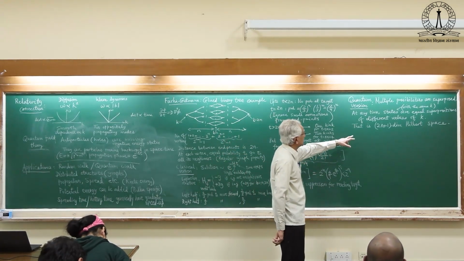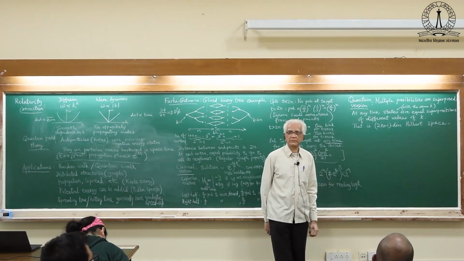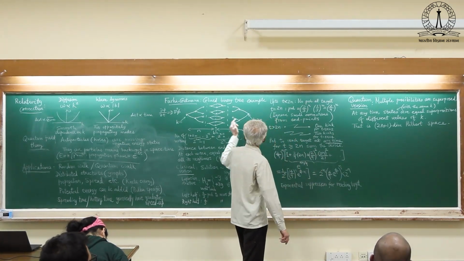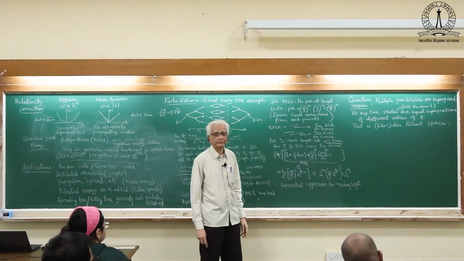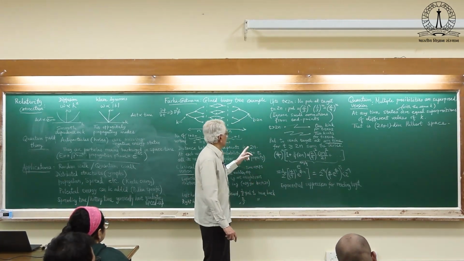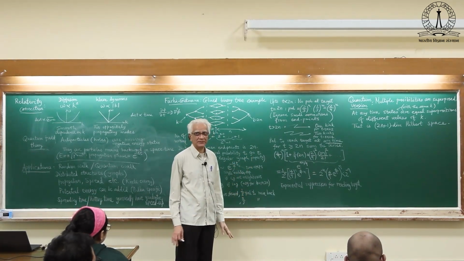And so the evolution is going to be in this much smaller dimensional space, which is essentially the distance between the 2 points. And that is the property which makes the whole difference.